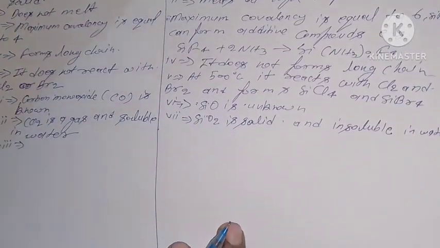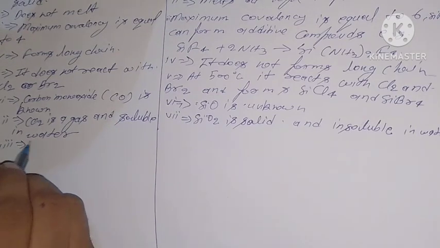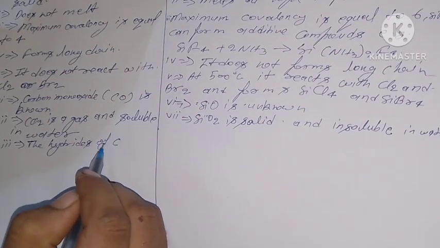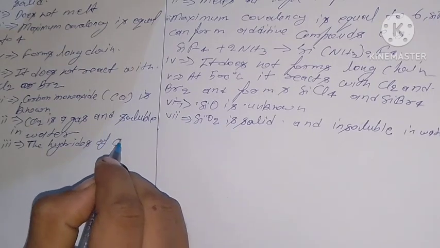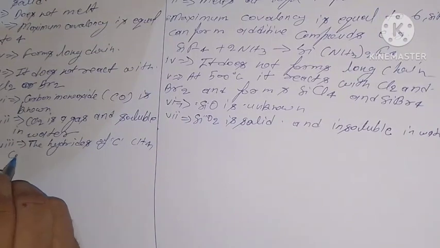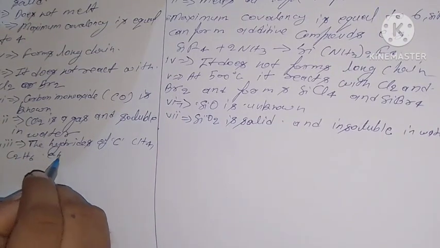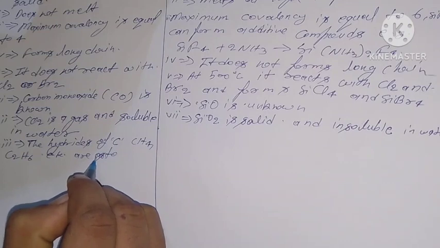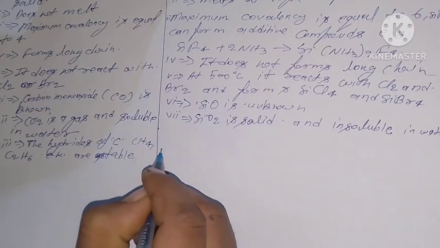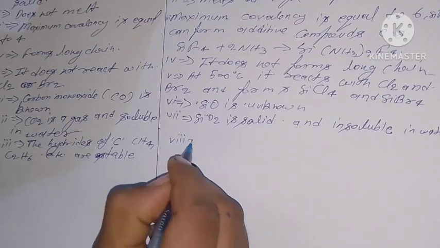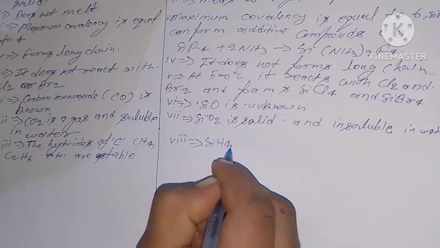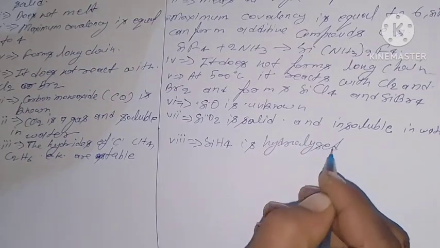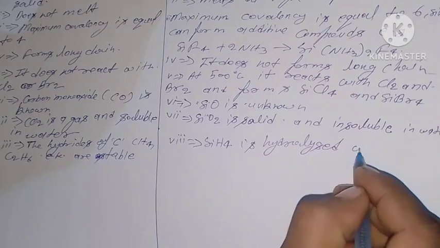Eighth point. The hydrides of carbon, CH4, C2H6, etc., are stable, while SiH4 is hydrolyzed with AgNO3.